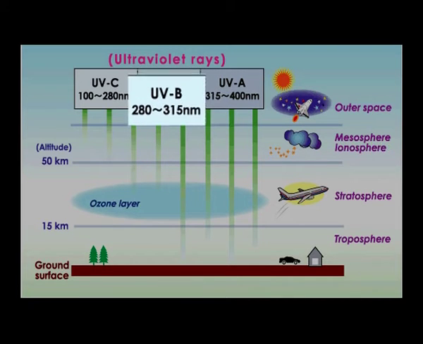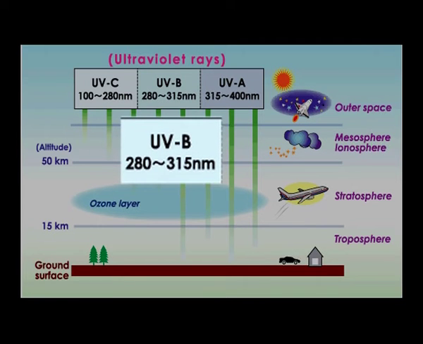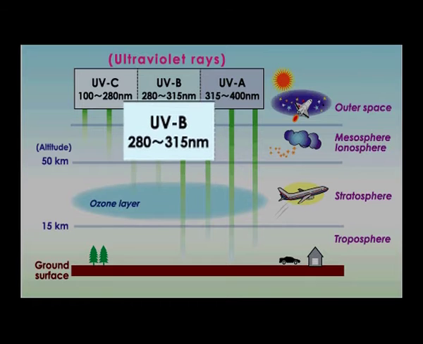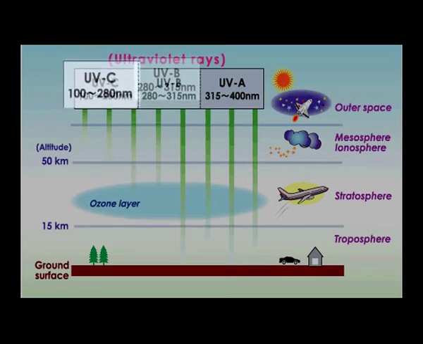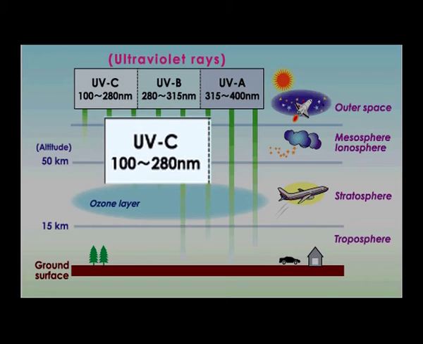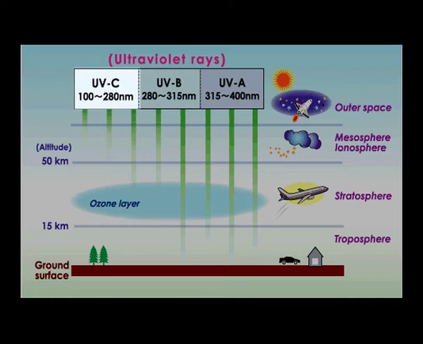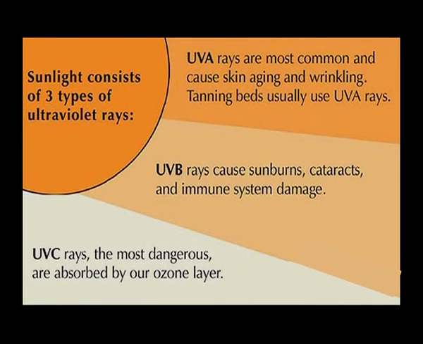The UVB, with a wavelength range between 280 nanometer to 350 nanometer, and UVC, which is the most dangerous, between 100 nanometer to 280 nanometer. UVC is unable to reach the Earth's surface due to the stratospheric ozone's ability to absorb it.